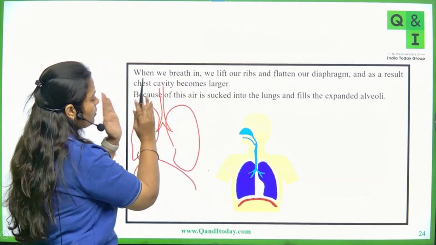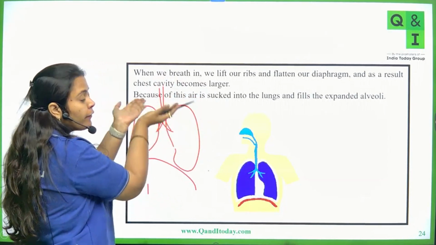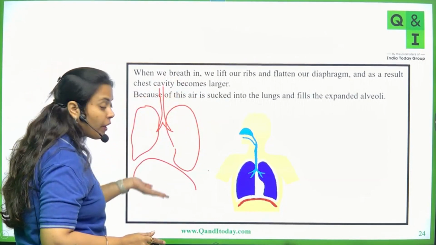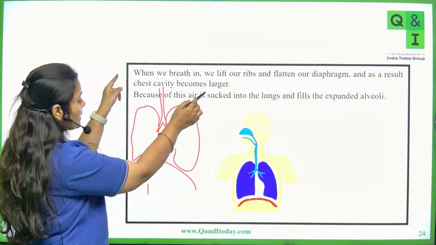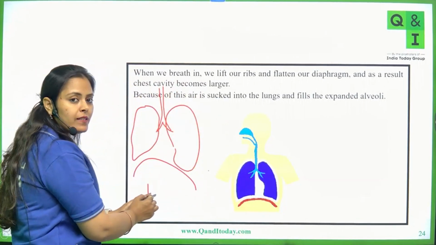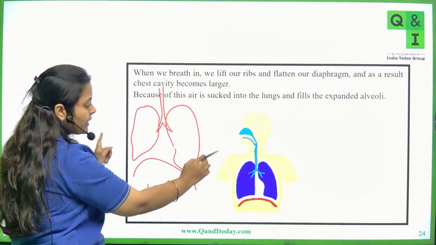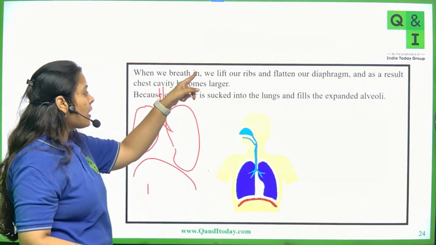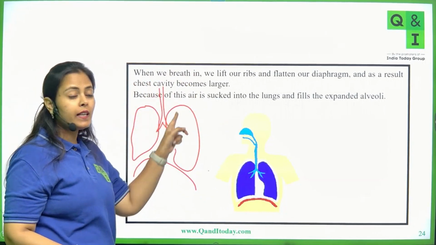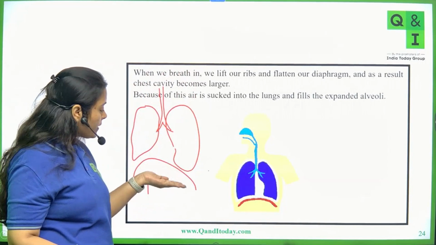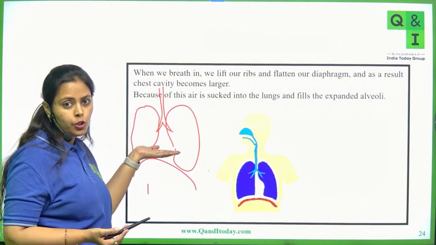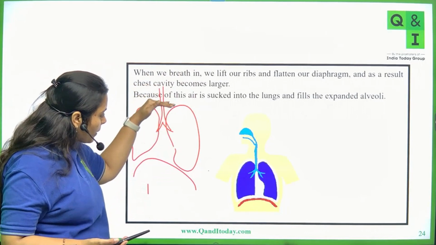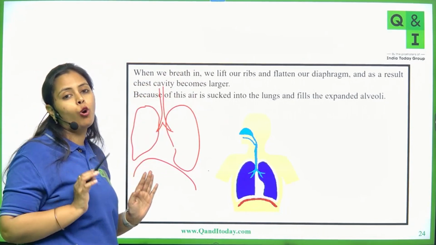Once it flattens, it will obviously increase the area of the thoracic cavity, and that's how air gets sucked in. Air enters inside the lungs. Once we are exhaling out the air, the diaphragm will go back to its normal position and the rib cage will come back down to its normal position.